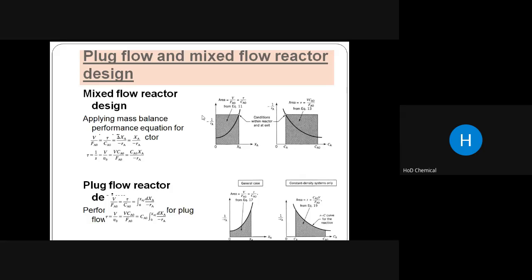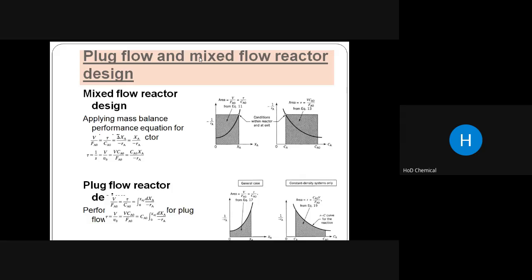This is the basic difference between ideal reactors and non-ideal reactors. Now for the plug flow reactor and mixed flow reactor, for design purposes, we basically have two balances.